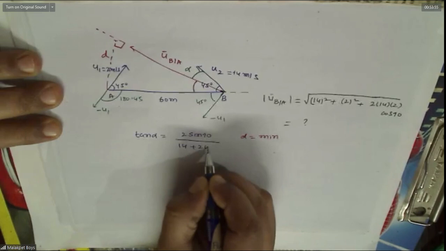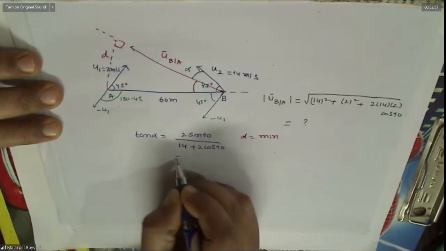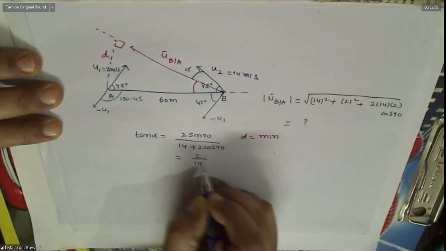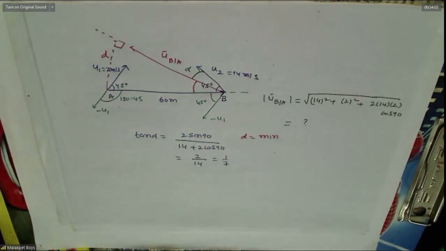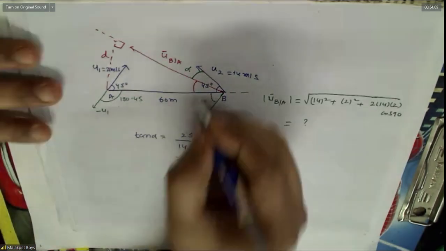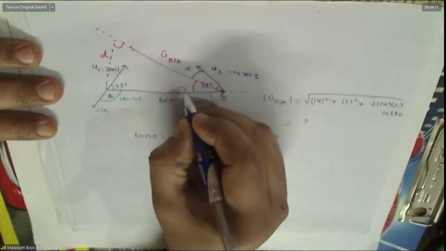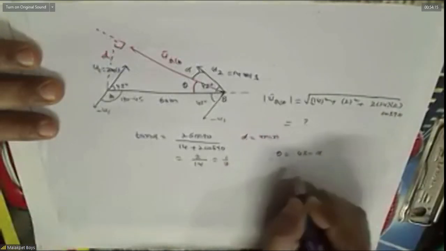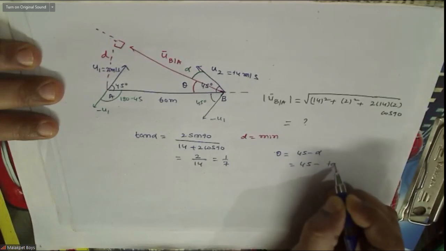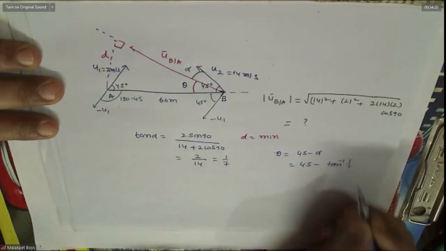So this will be this angle. Theta is 45 minus alpha, that is 45 minus tan inverse 1/7.